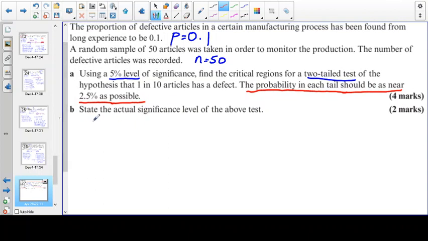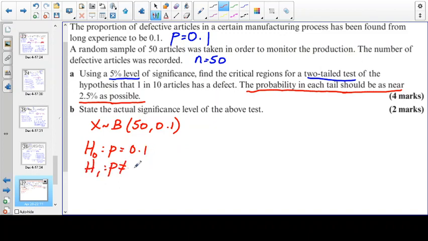Okay, so we've got X is distributed binomially, 50 and 0.1. The null hypothesis is that p is 0.1, and the alternative hypothesis is that p is not equal to 0.1. We're doing a 5% significance level, and it's two-tailed. We're looking for both the regions, so finding the critical regions.